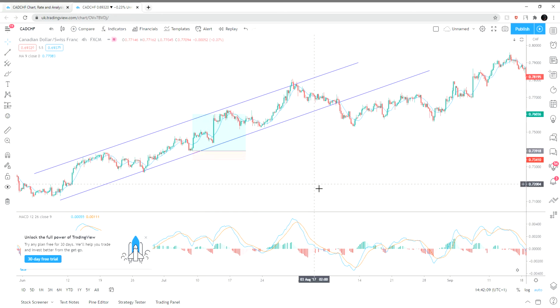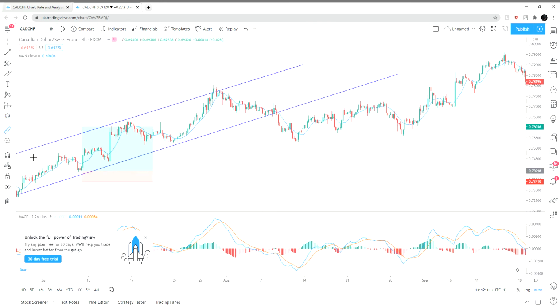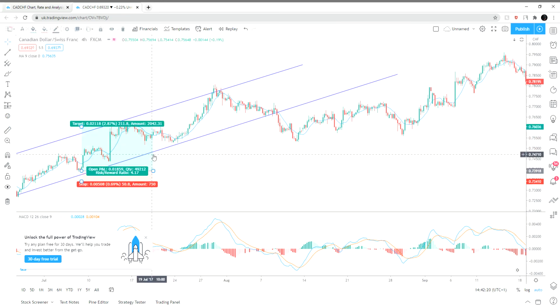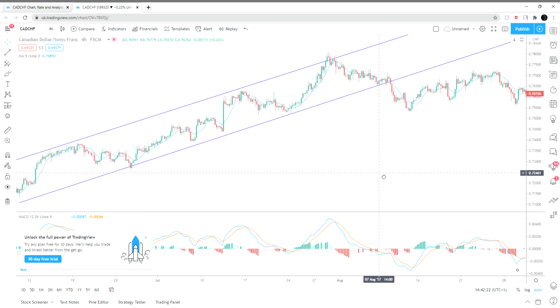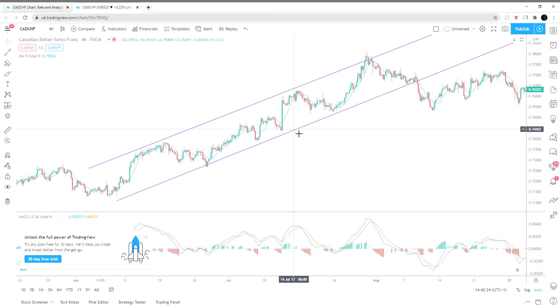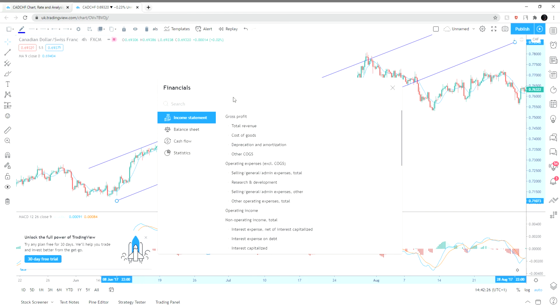So around there, that would have been an easy winning trade. Let's see how many pips that is. So 200 pips. You just caught 200 pips solely using trend lines, basically. And that right there is just backtesting. Now you can see the power of trend lines.